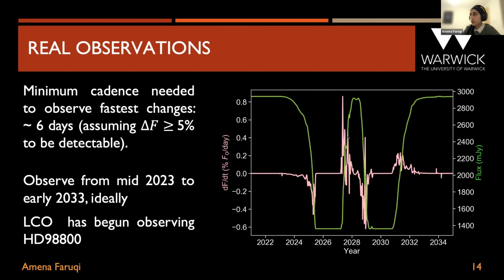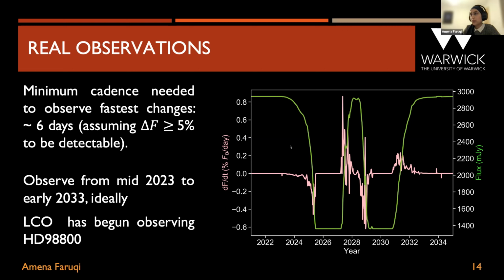The rate of change of flux is at its highest when the stars are close to the disk inner edge, so when they're just exiting or entering the disk cavity. If we assume that a minimum of roughly 5% change in flux is needed for a change to be detectable, then we'd need to take readings around every 6 days or so at least to be able to pick up on that. And of course, during other periods where the rate of change of flux is lower, measurements can be taken less frequently.